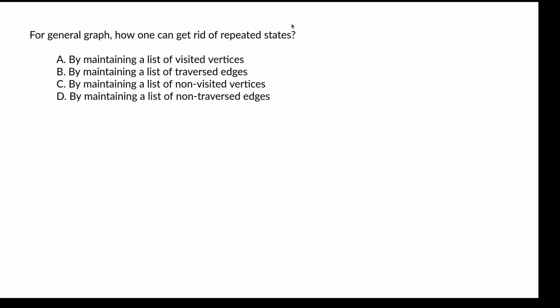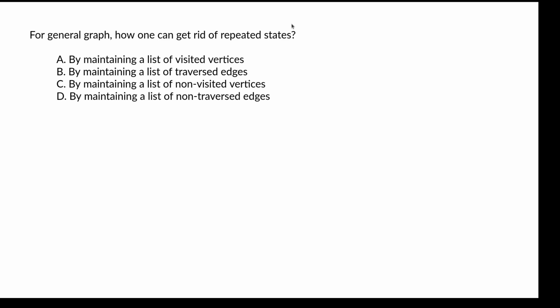Do you think there is any relation with the edges? If you are asking about repeated nodes or repeated states, there is no relation at all with the edges. So option B and option D are not going to work. Now you have maintaining a list of visited vertices, or C, maintaining a list of non-visited vertices. If you maintain the list of non-visited vertices, will it help?